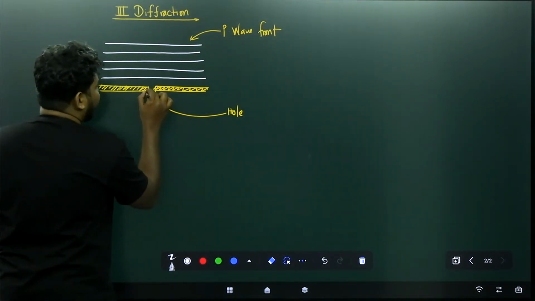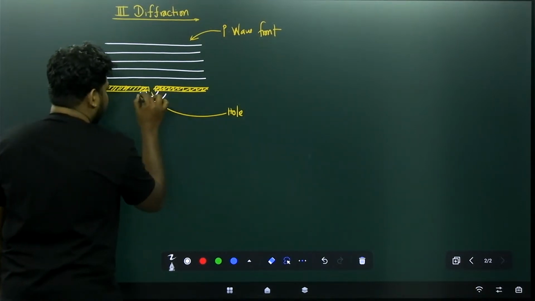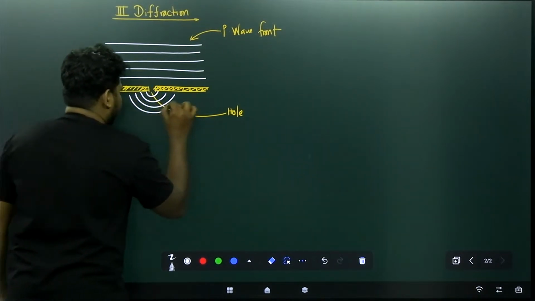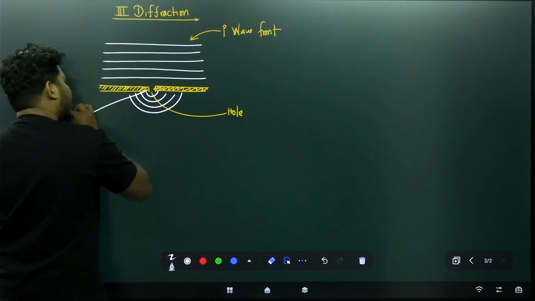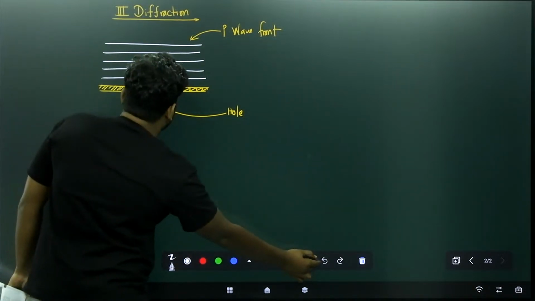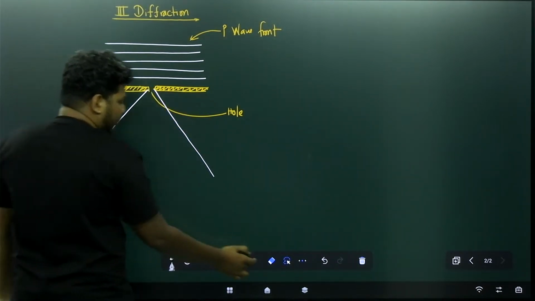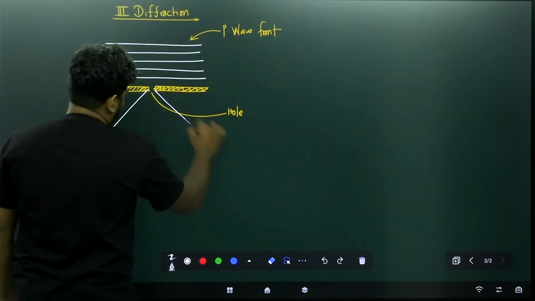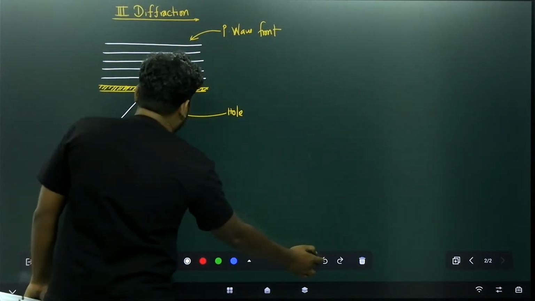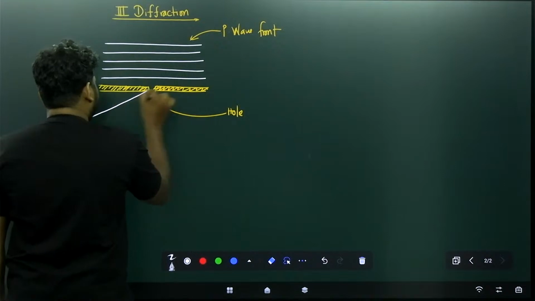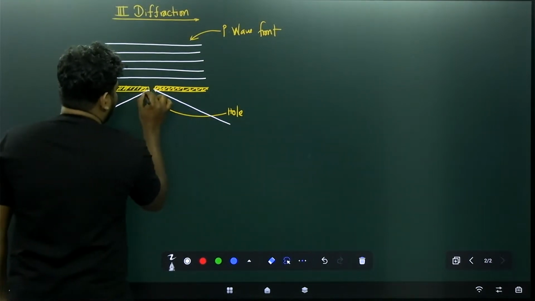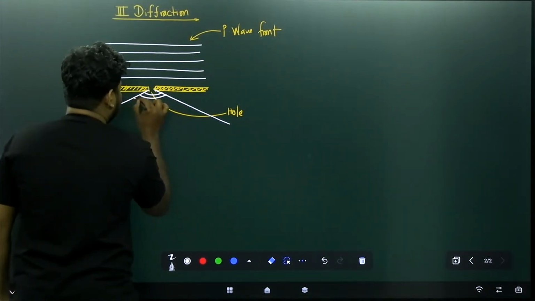The diffraction will happen. The diffraction looks like this. You can draw it like this. Between the two lines, the diffraction looks like this.